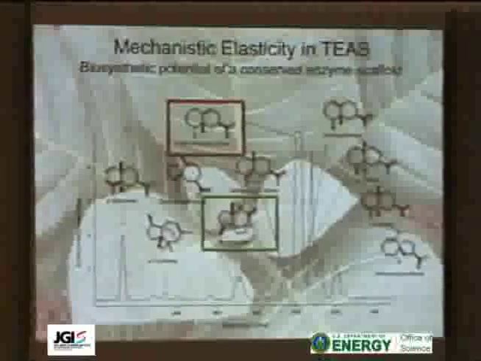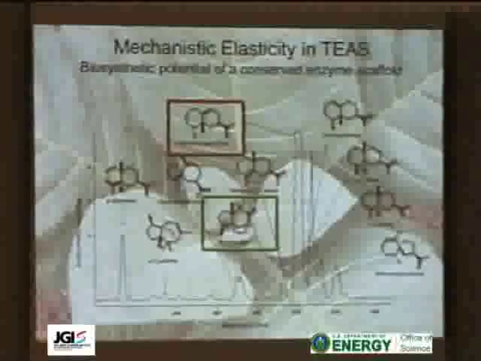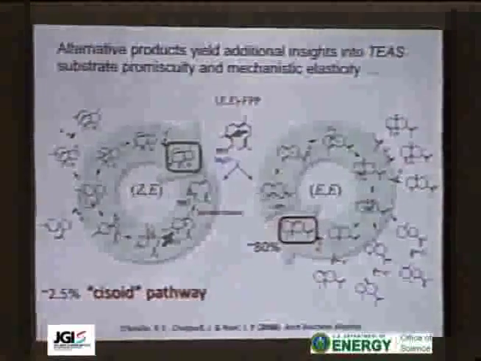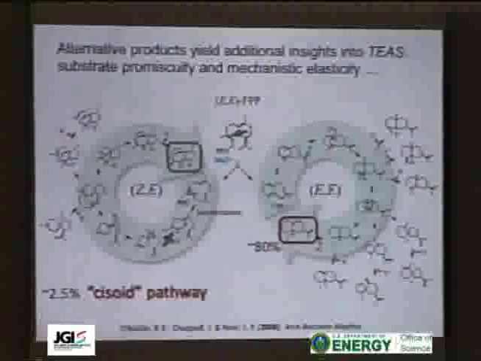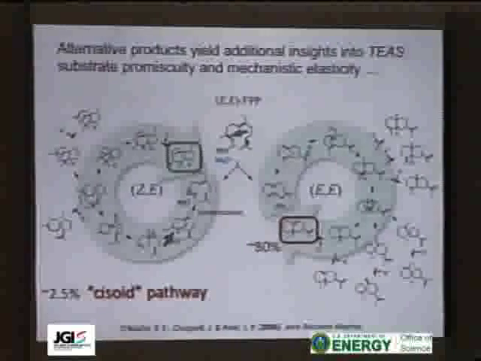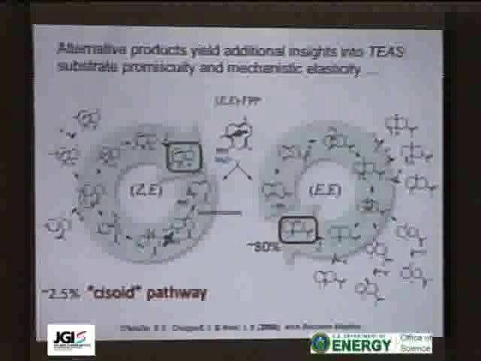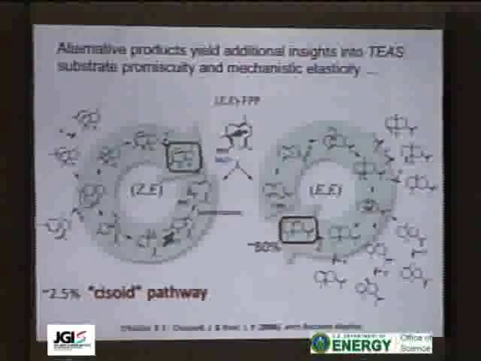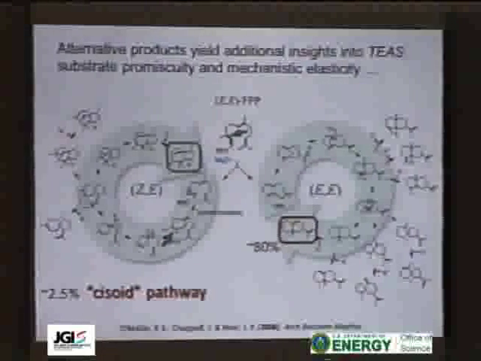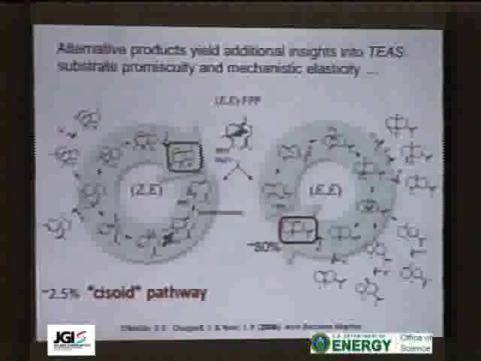Okay. So with the final 3 minutes, I just want to touch on one final story, and that relates to this particular compound here, known as prezazyme, and this has to do with substrate promiscuity. Ignore the chemistry here. I just want to focus your attention on this starting material, FPP. It has 3 double bonds in it, and the stereochemistry of the double bonds is quite important. A natural farnesyl diphosphate that we all make is all trans, so we have a trans and a trans double bond.